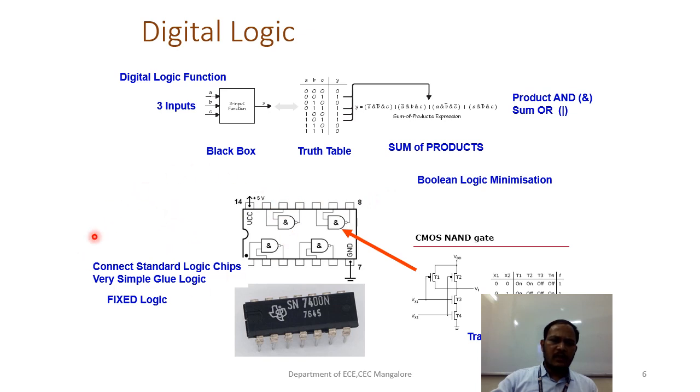After that you go for an IC, and connect ABC and the output from there.